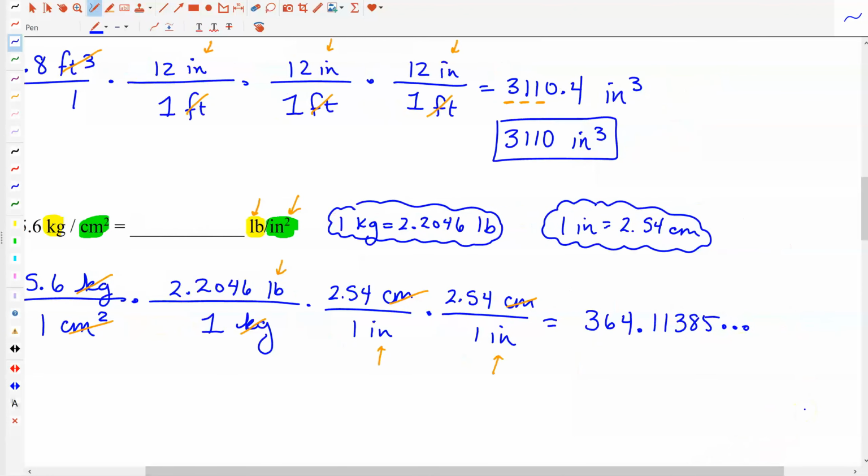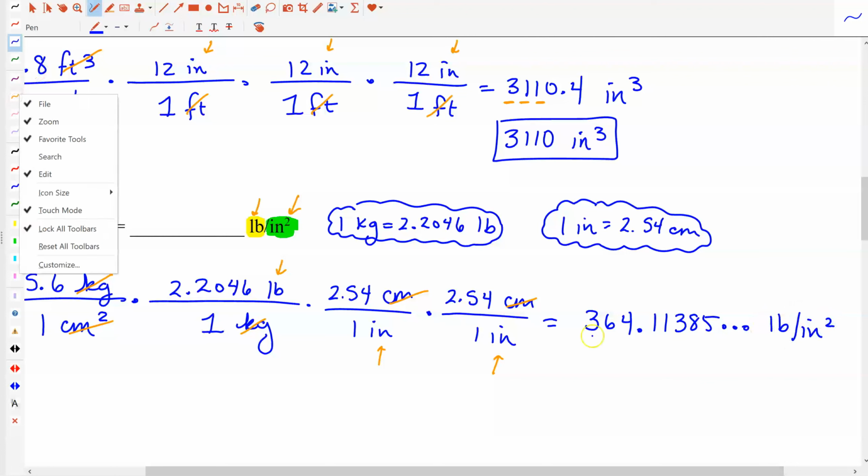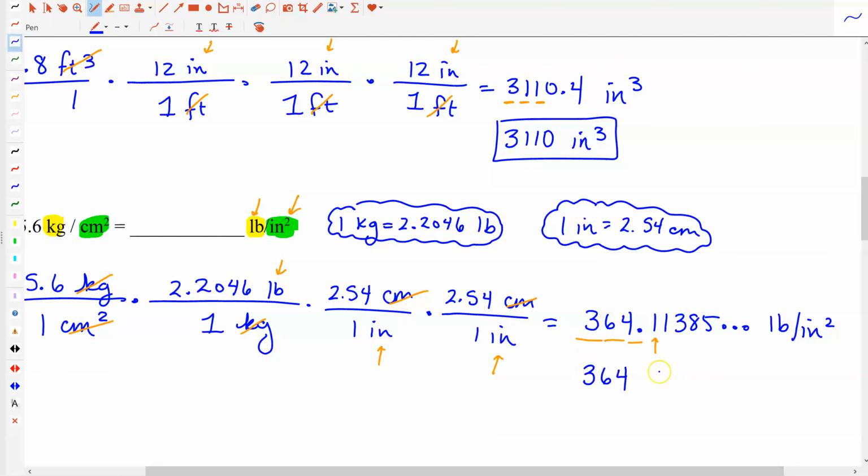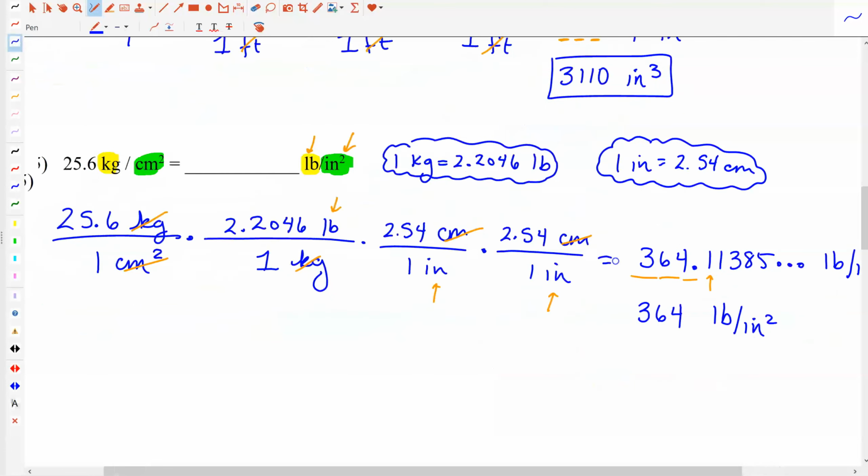My units would be pounds per square inch. We want to keep this to 3 significant digits. So 1, 2, 3 significant digits. Since the number in the 4th spot is a 1, and that's not 5 or bigger, I'm not going to round the number in the 3rd significant digit spot up. So my final answer would be 364, and then my units would be pounds per square inch.